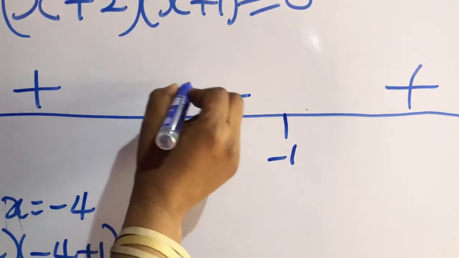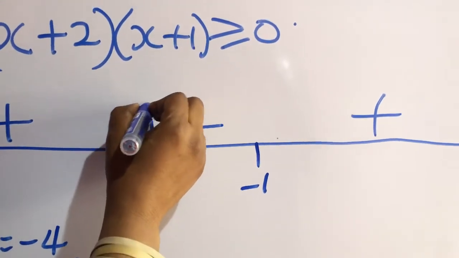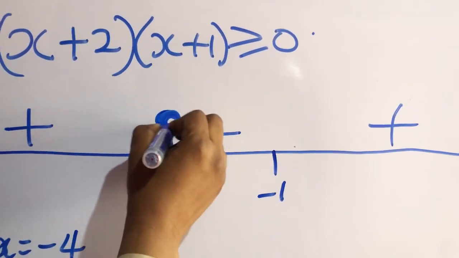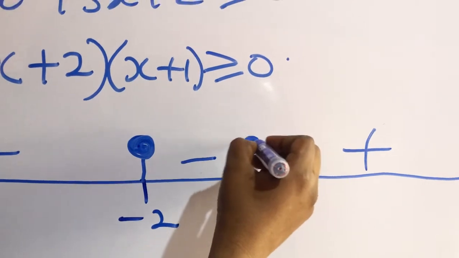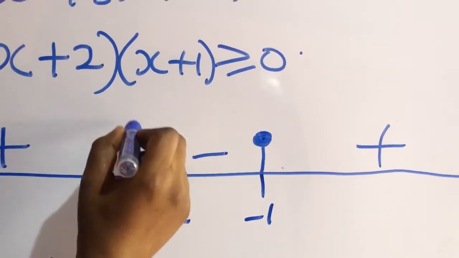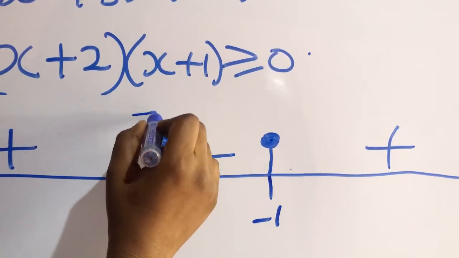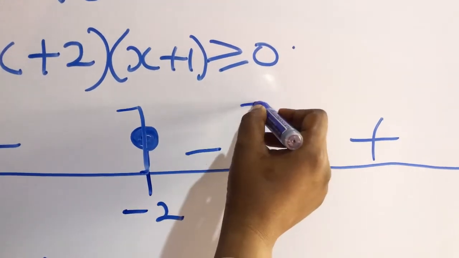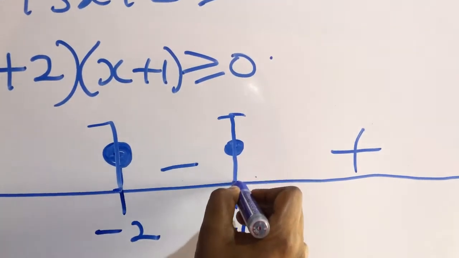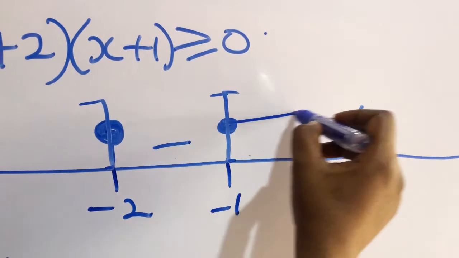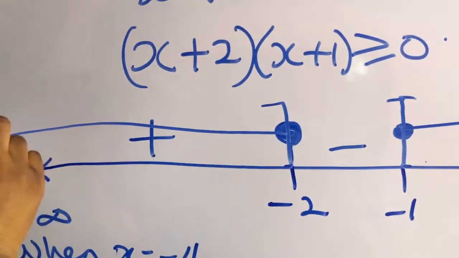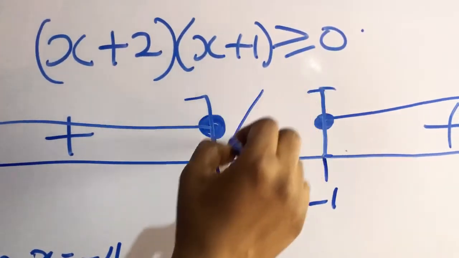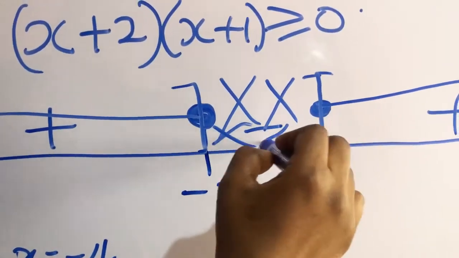So I'll go from here, I'll circle it, then here, circle it. I do not need this place at all. So I cannot go beyond this boundary. I can go this side, and I can also go this side, but I cannot go here at all.